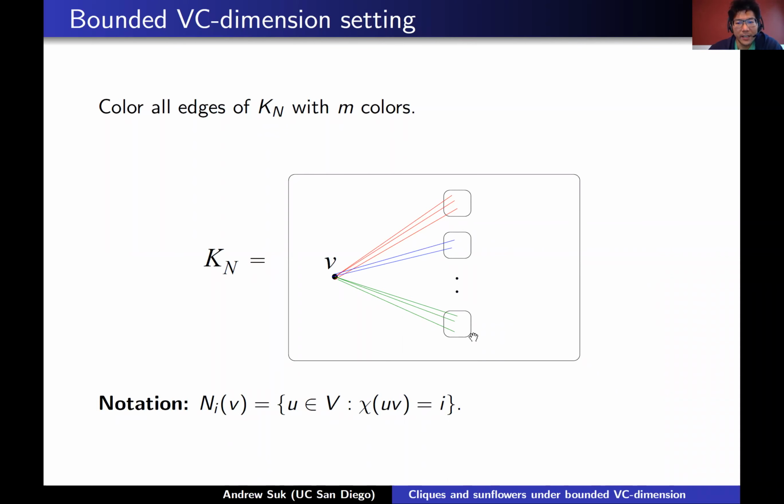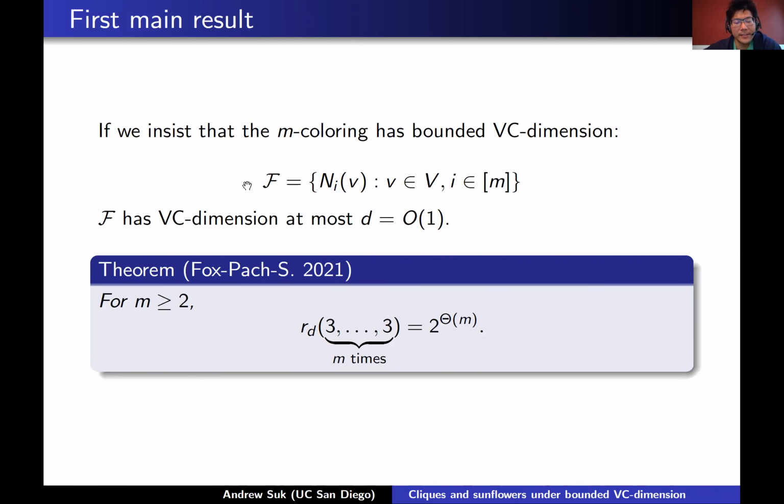If I collect all of these neighborhoods for every vertex, I get this neighborhood set system F here. And if we assume that this neighborhood set system F has bounded VC dimension, then what we were able to show is that this multicolor Ramsey number is at most 2 to the constant times m.